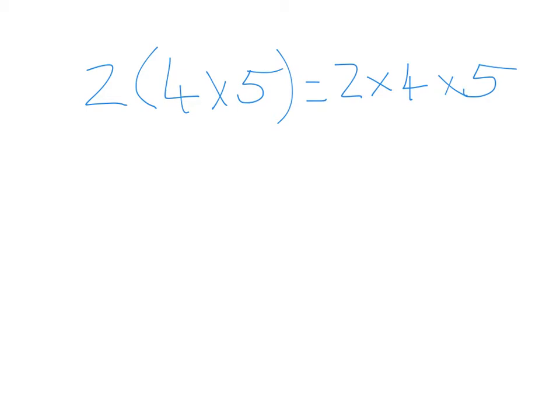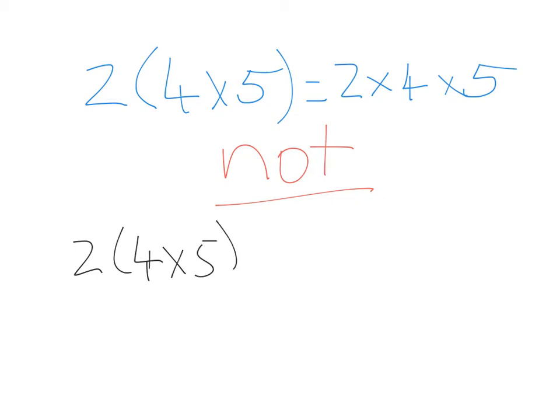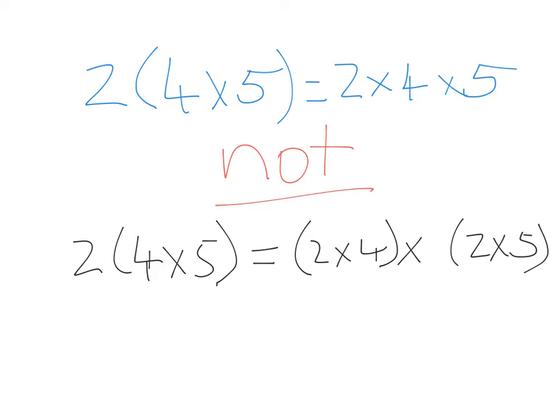We are not going to expand it out. 2 times (4 times 5) does not equal 2 times 4 times 2 times 5.